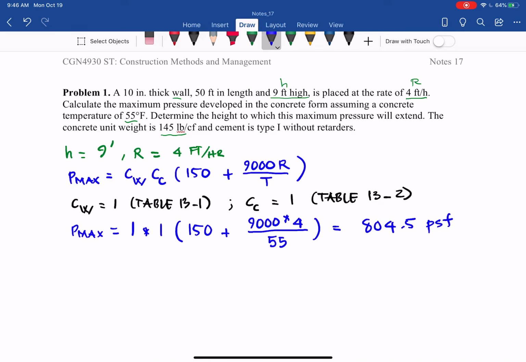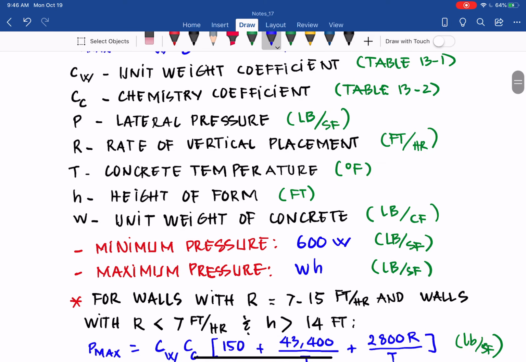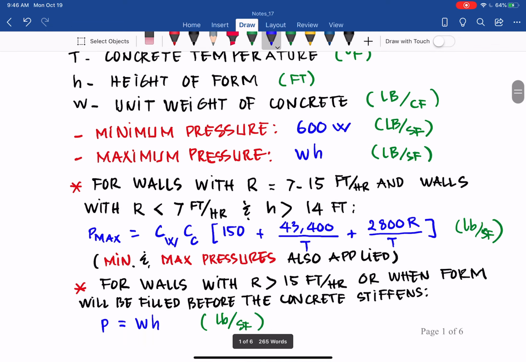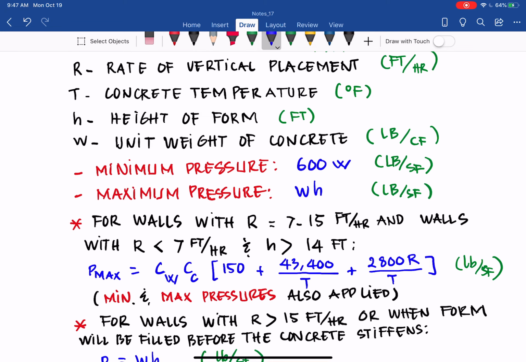And then we have to check the minimum pressure. P max has to be greater than the minimum pressure, 600 CW, and has to be less than or equal to the maximum pressure wH. Basically we assume it's totally fluid, wH, just like water.